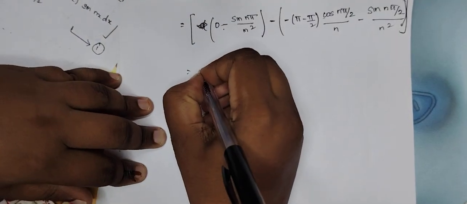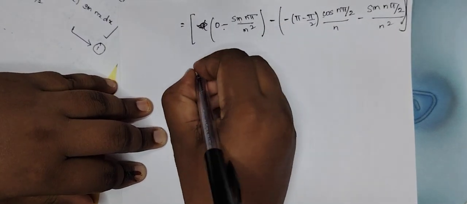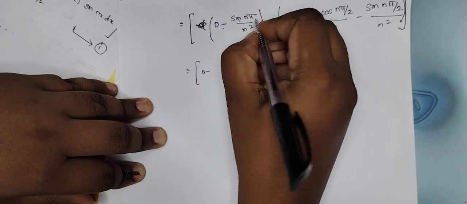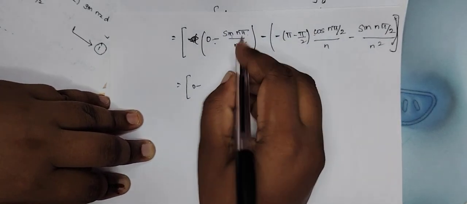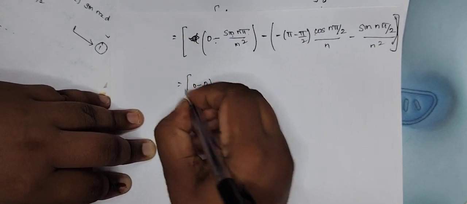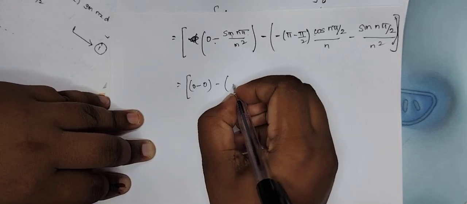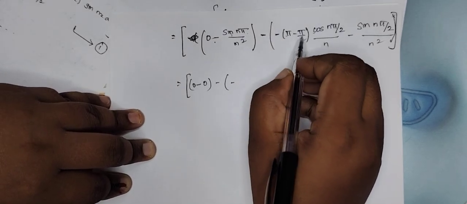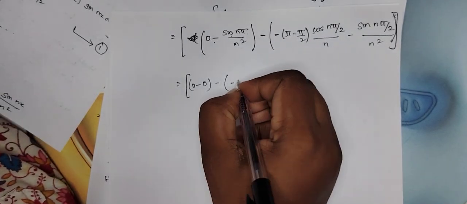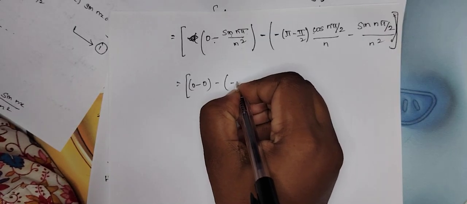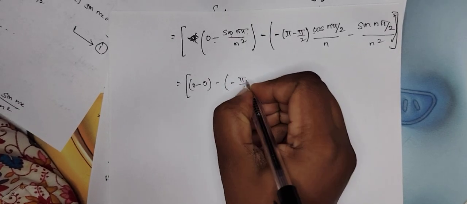Okay, so this is equal to 0 minus sine n pi. Sine n pi is 0, so 0 divided by n square is 0. Okay, minus, here we have minus (pi minus pi by 2), which is nothing but pi by 2.